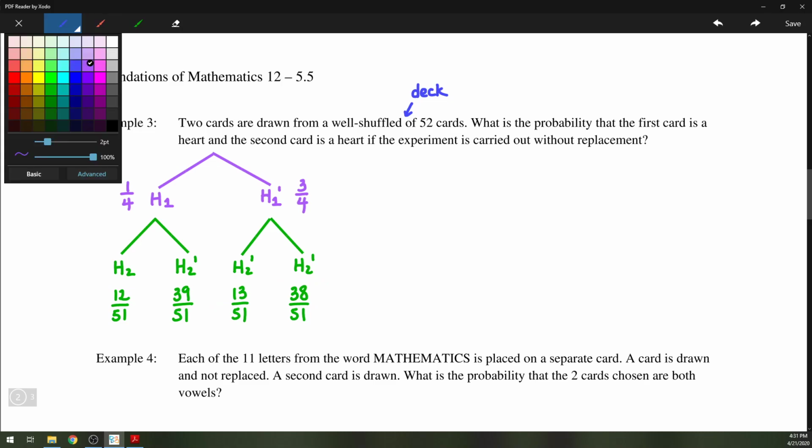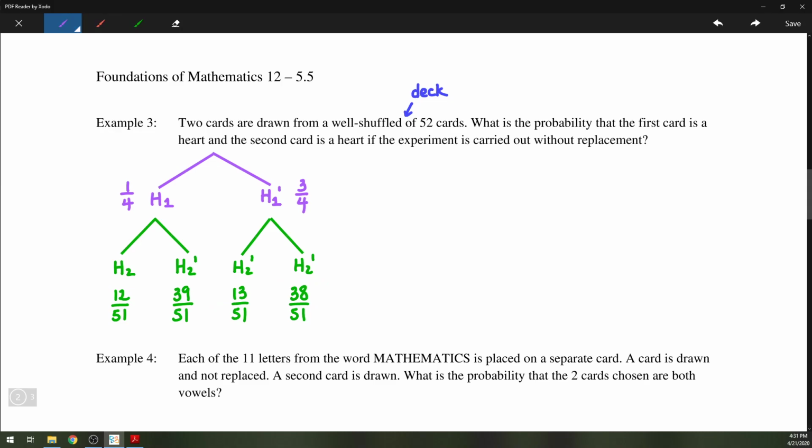It might be beneficial to not reduce the fraction right away and leave this as 13 out of 52 at the beginning, so you can have a better understanding of where the numbers are coming from. Okay, so we are looking for both the cards to be hearts, so that would be heart 1 and then heart 2.